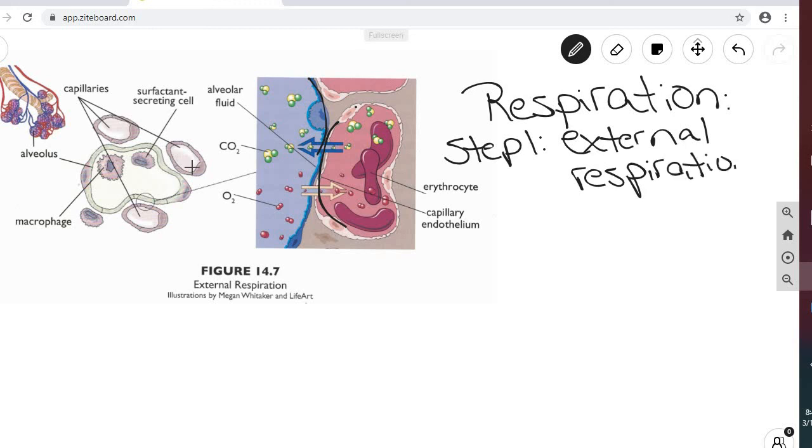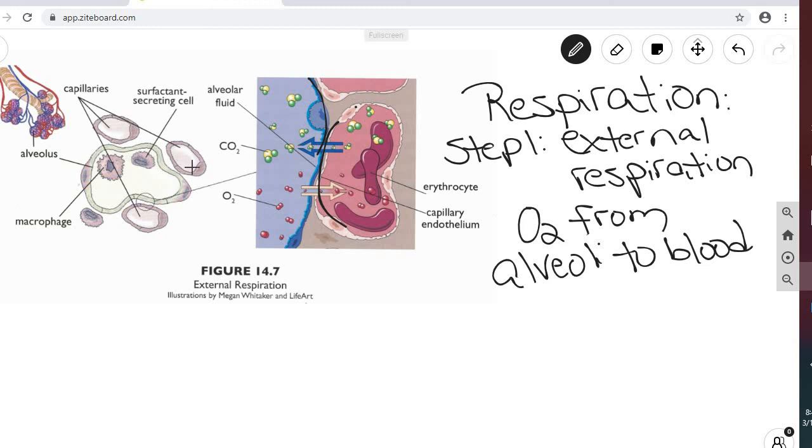What happens in external respiration is that oxygen moves from the alveoli to the blood.